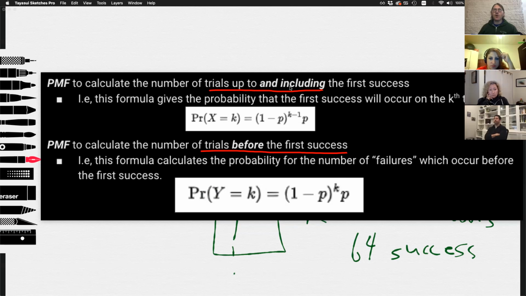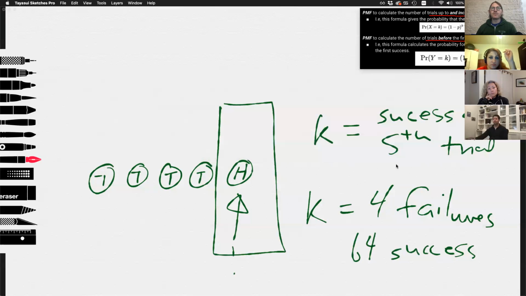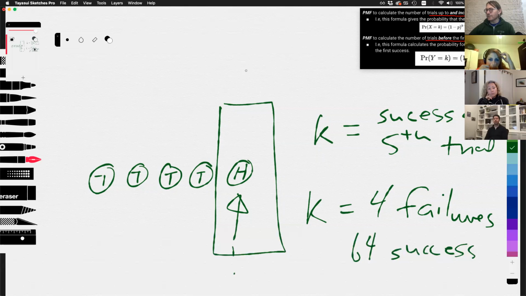And you don't need to know which one of these to use. You're going to use one of them and just know the definition of it. So if you know that you're using the inclusive PMF, and we're talking about this problem that I'm describing here, then k equals 5.